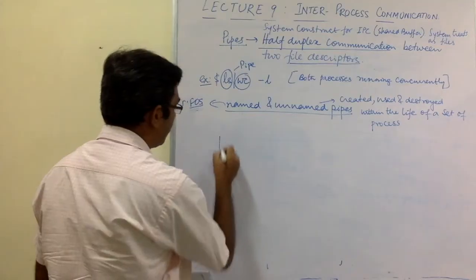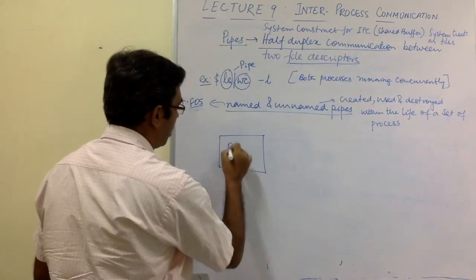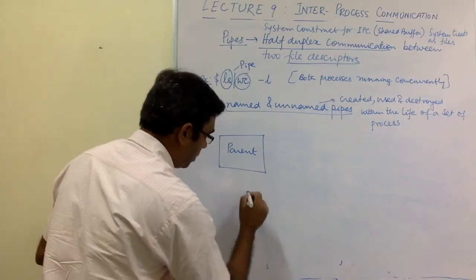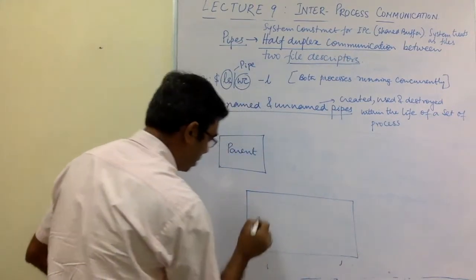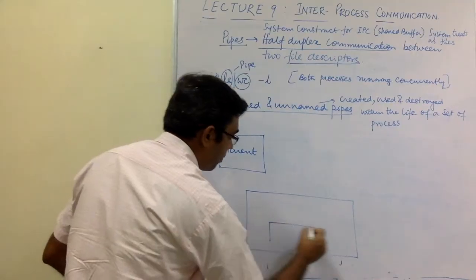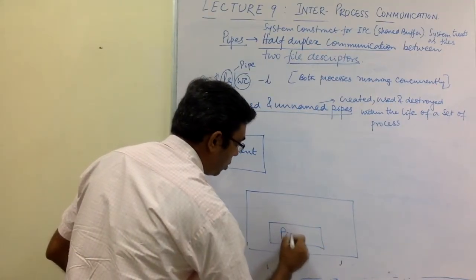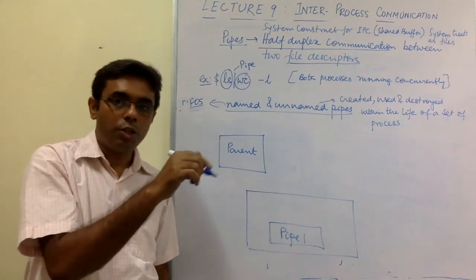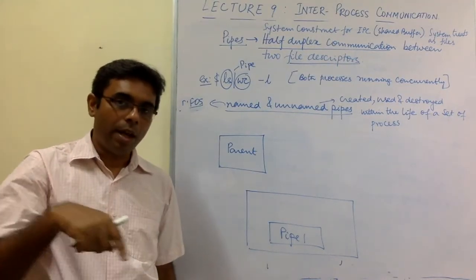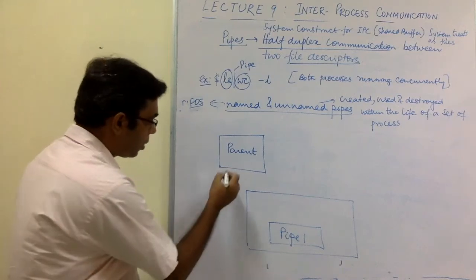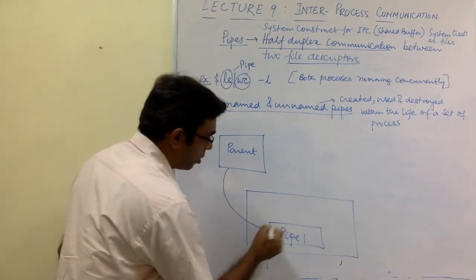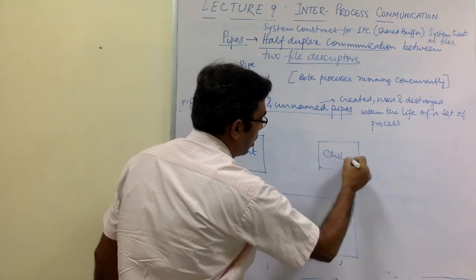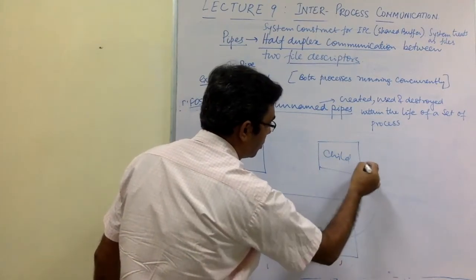You can have, say, a parent process, and this is the kernel, and here you may use 2 pipes, because now we need to have bidirectional communication. So we ensured writing by the parent and reading by the child. We know how to do that.